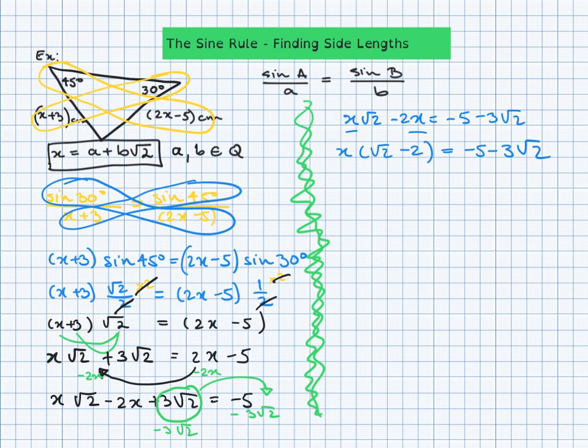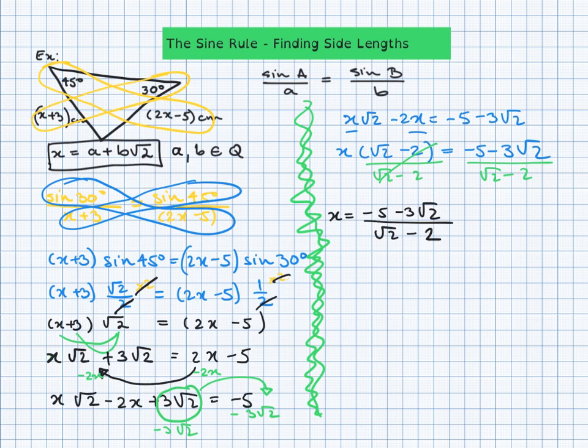The next thing to do is divide both sides by this expression, because we want to get rid of whatever is next to x. That's gone. That will give me x equal to (-5 - 3√2) over (√2 - 2).